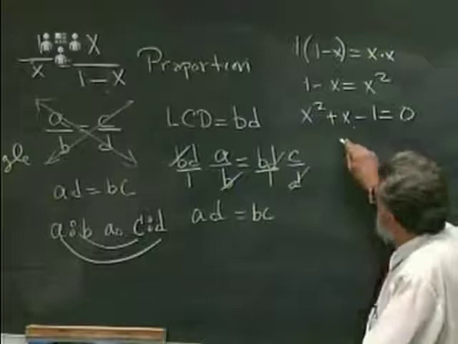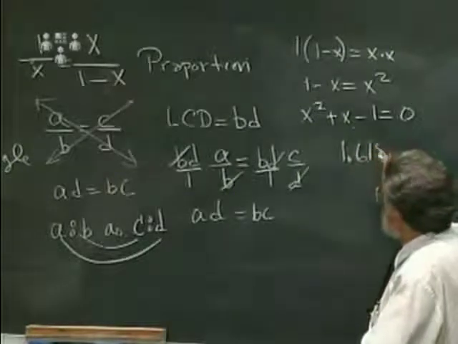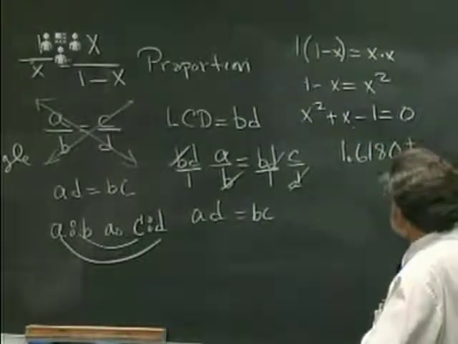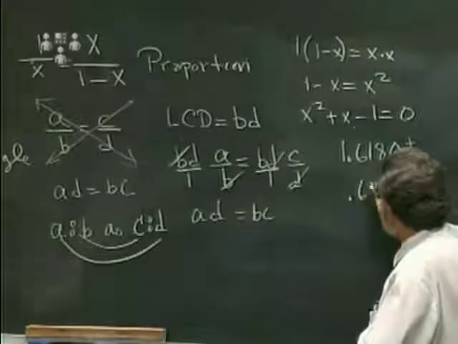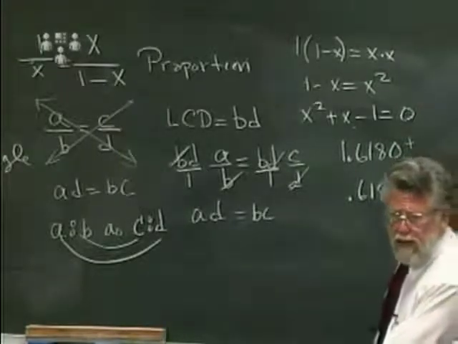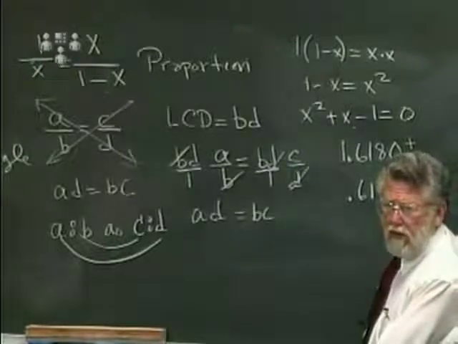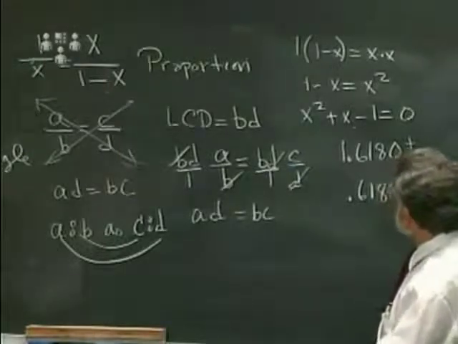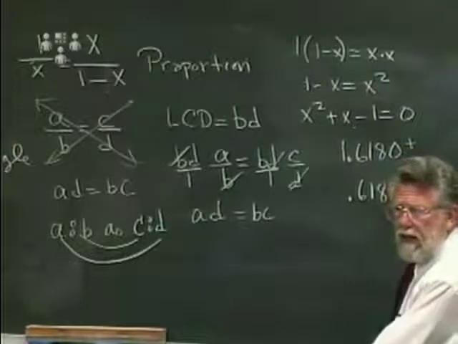One of them is going to be 1.6180 plus, and the other one's going to be a 0.618, and as it turns out, one will be positive and one will be negative for this particular problem. So there will be two different solutions that I'll get out of this, one positive, one negative.